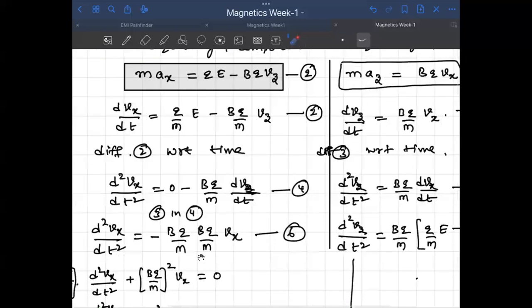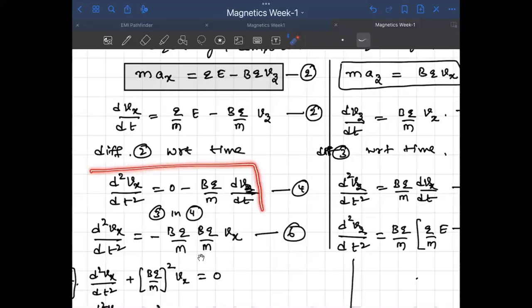Right. m dvx by dt is, arey yaar, Vx means this, dvx by dt is q by m E minus bq by m vz. Do differentiation of this equation with respect to time. You will get d square vx by dt square is 0 minus bq by m times dvz by dt.